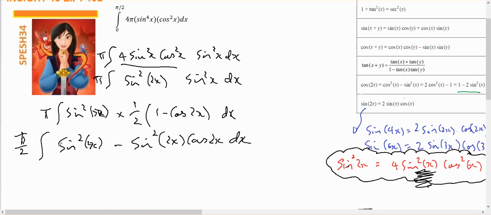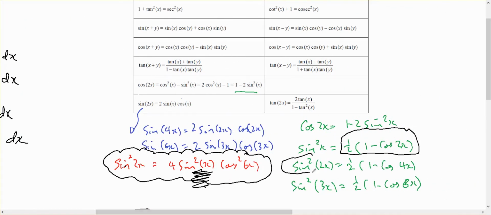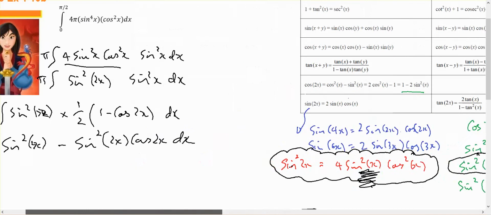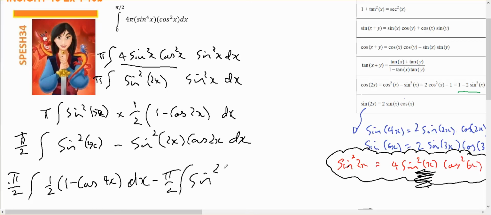Now I can't take the integral of this because I've got something squared and I need its derivative. So I'm going to use this substitution, because I know the sine squared of 2x is going to be pi on 2 integral a half 1 minus cos of 4x dx minus pi on 2 integral of sine squared 2x cos 2x dx.